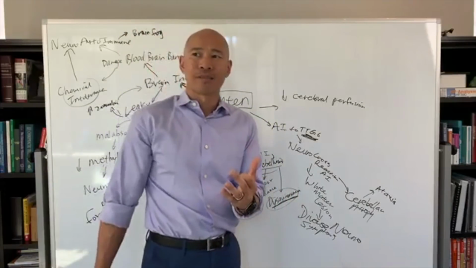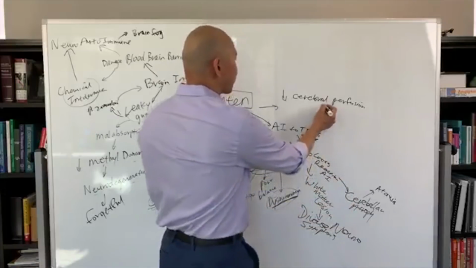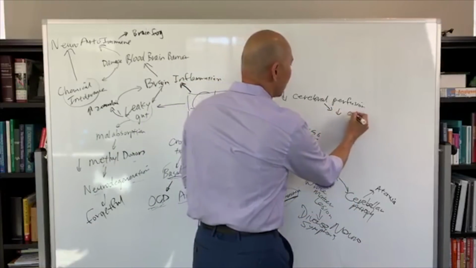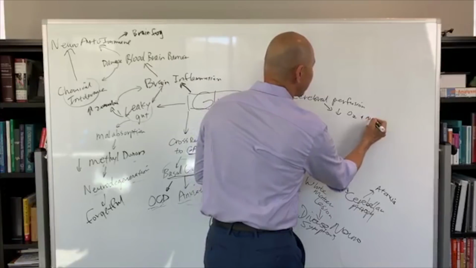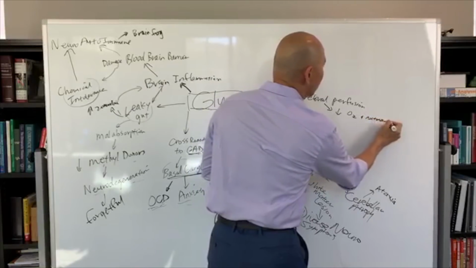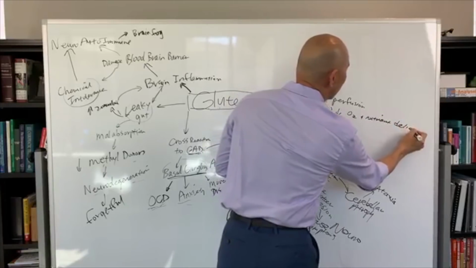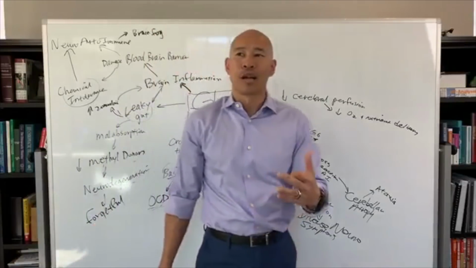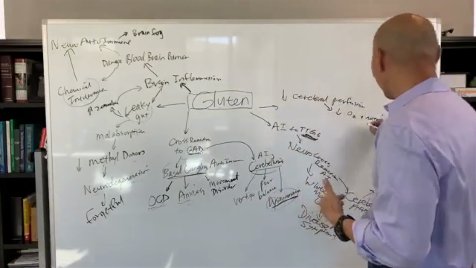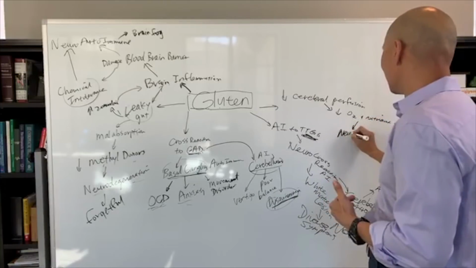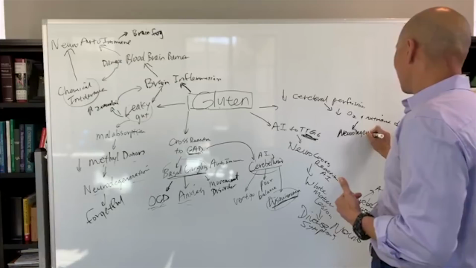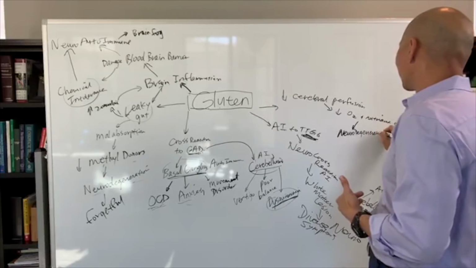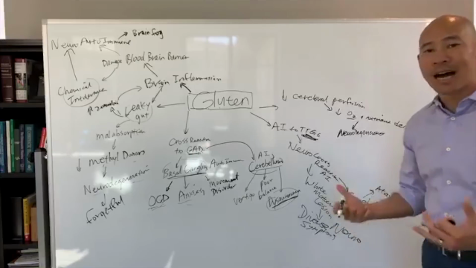And the consequence of that is that you're going to have decreased oxygen and nutrient delivery to your brain. And that's no bueno. And then what that's going to lead to is neurodegeneration, because when you can't deliver fuel or oxygen, your brain cells die.